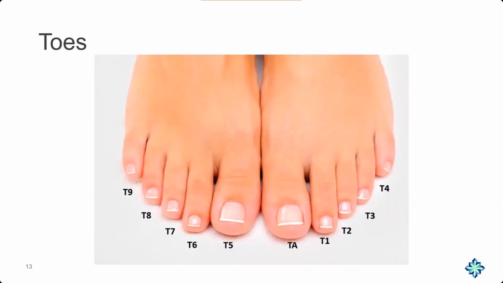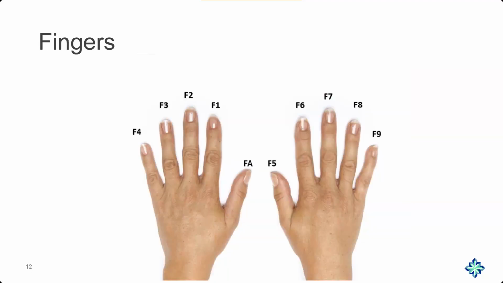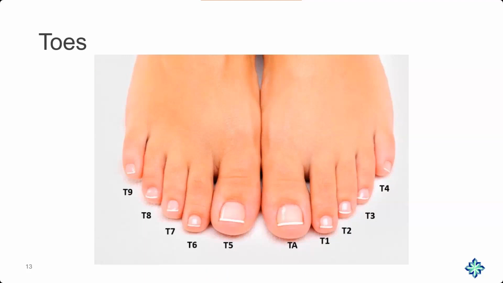Also, same thing. Here's toe edits. They are billed very similarly. So we want to make sure you're well aware of the toe edits as well, and making sure that the TA, which if you notice is by the right big toe, just like with a finger edit, it was by the left thumb. That means all. So the FA or the TA indicates all. You're doing all 10. But these are also ones that do have some MUEs associated, and they'll say 10.